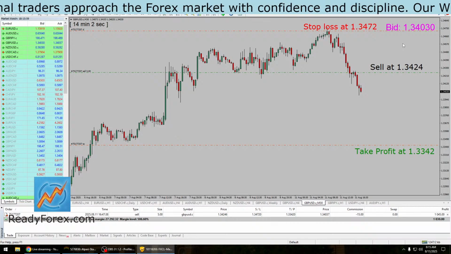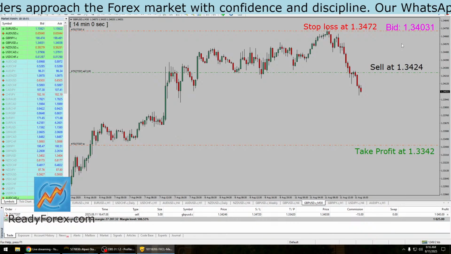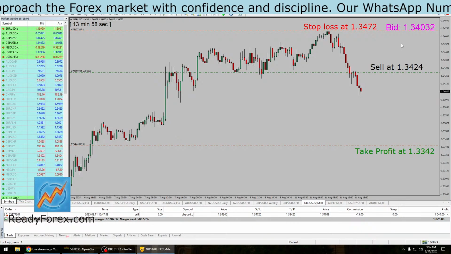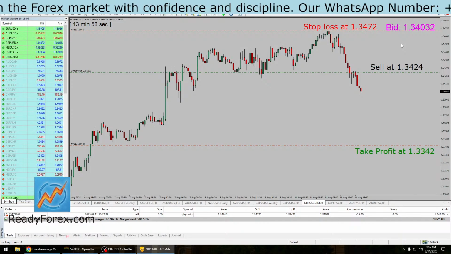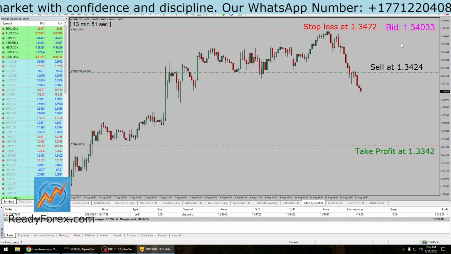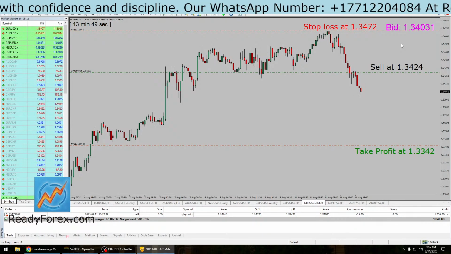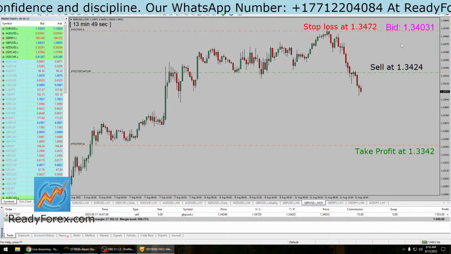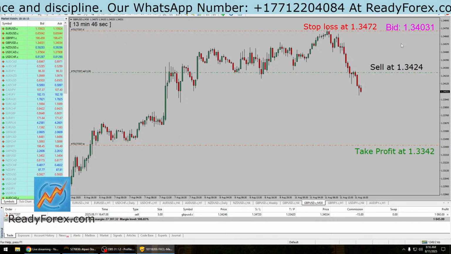So I want the price action to go below the 1.3400 level, below the round number, and then I think it's a good idea to lower down the stop loss, lock in at least a few pips profit.